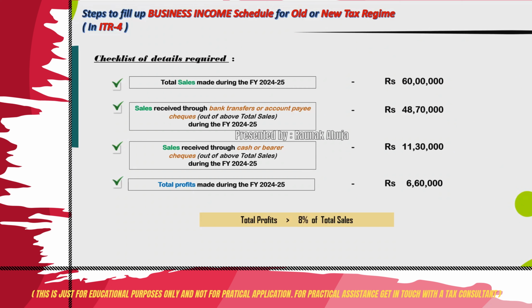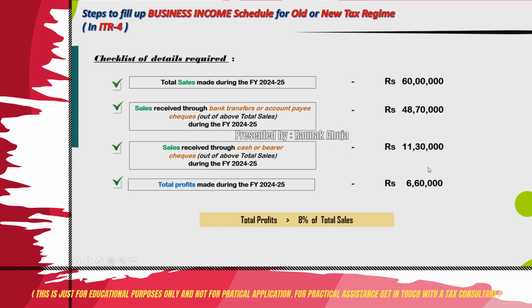The entire 6,60,000 will have to be distributed between the two sales, that is the sales that were made through bank transfers, which was 48,70,000, and the sales that was collected through cash.